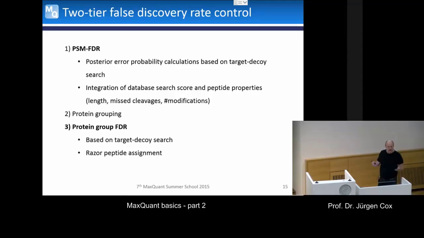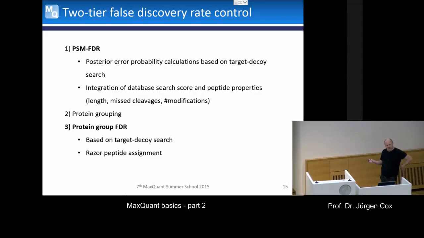Once we have the protein grouping done, one needs a quantity by which you sort the protein group list. This is the sum of the log posterior error probabilities from the peptide level. This we then use to define protein group level FDR.